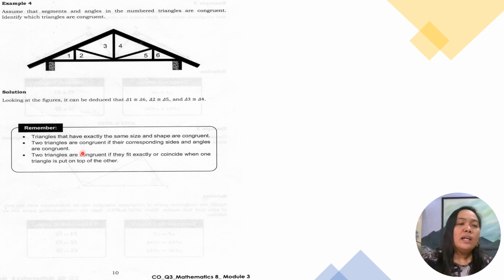Remember, triangles that have exactly the same size and shape are congruent. Two triangles are congruent if their corresponding sides and angles are congruent. And two triangles are congruent if they fit exactly or coincide when one triangle is put on top of the other.